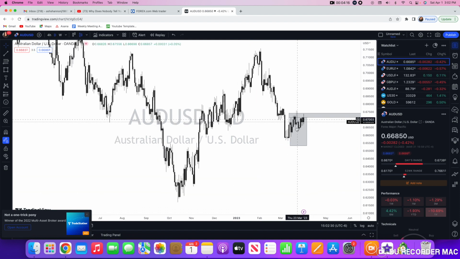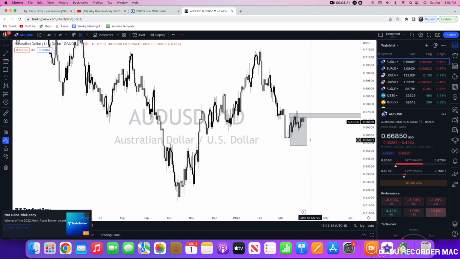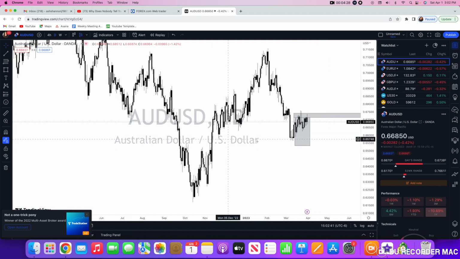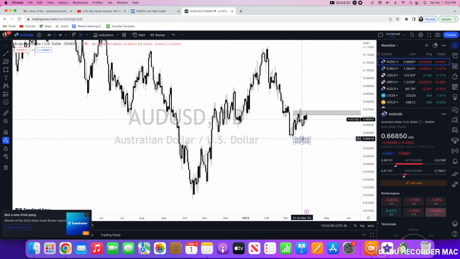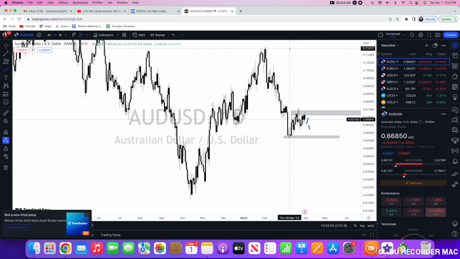So I'm going to be waiting to see what this consolidation looks like, unless the news drives it past one of these levels and then we get a break, and then we'll be looking at the retest. I'll be waiting. Should we get something that looks somewhat like this, actually, let me just give it to you straight.